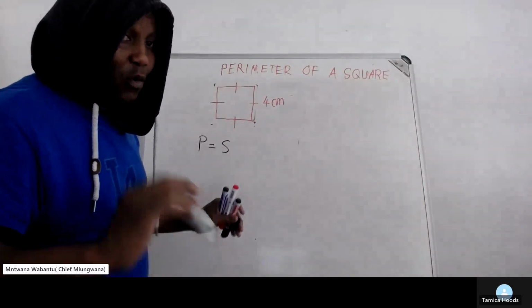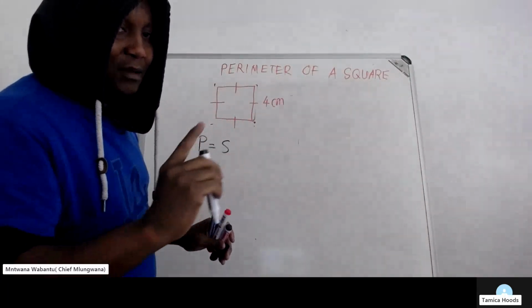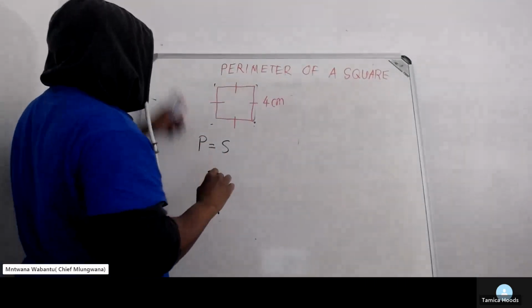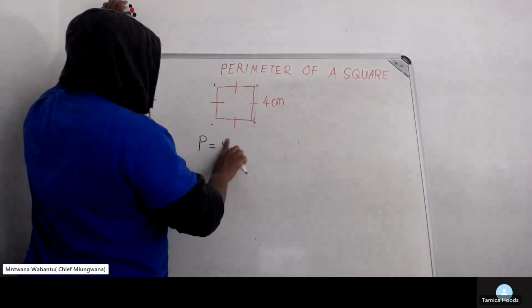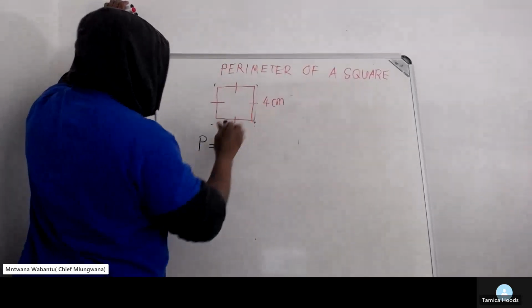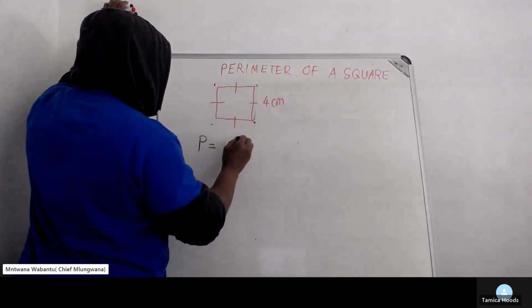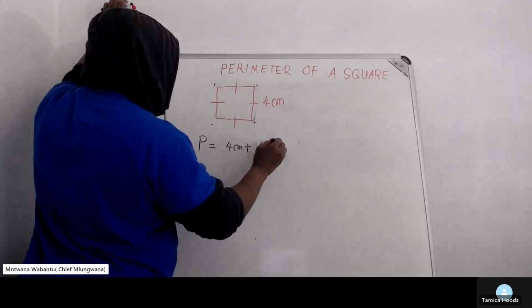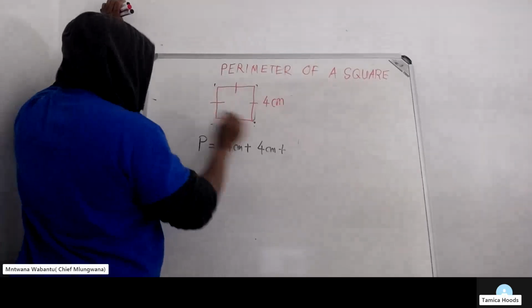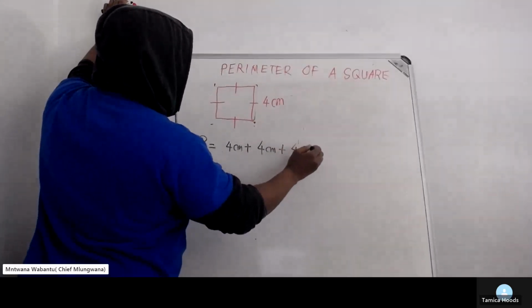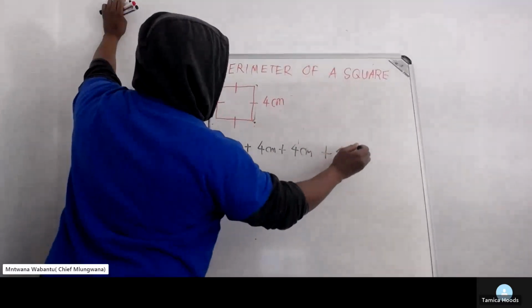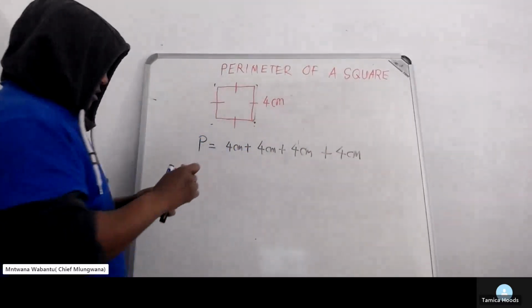So we don't do like how we did for area. For example, somebody finds the perimeter of a square: 4 centimeter plus 4, plus 4, plus the last one. You understand, Tamika?